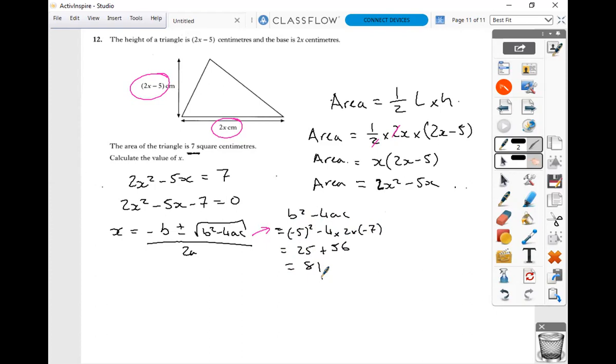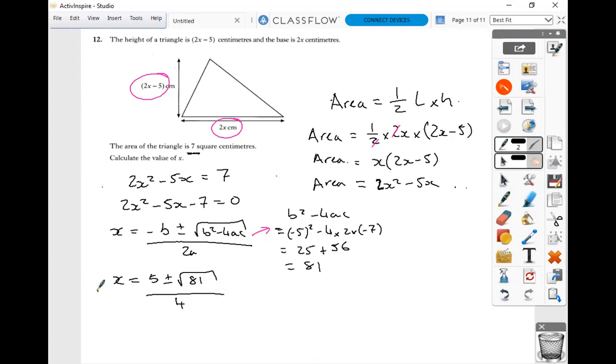Okay, now hopefully you'll be able to see when we put that in, you've got positive 5 plus or minus root of 81 all over 2a, which is 4. All right, 2 times a is 4. That's our expression.